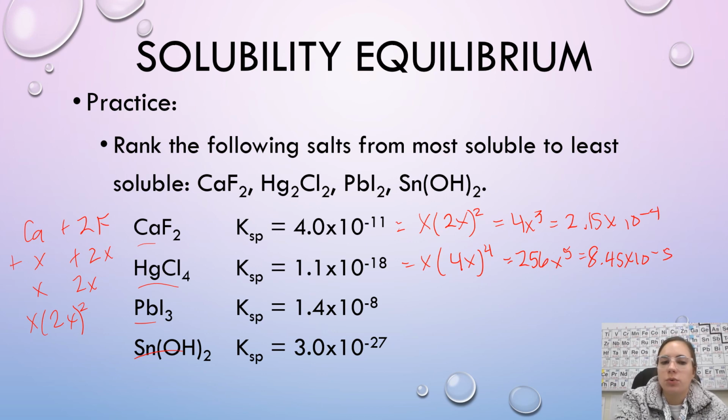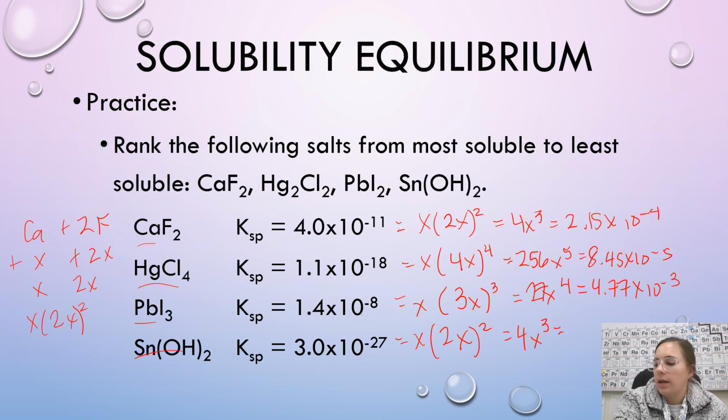This dissolves into 1 lead and 3 iodines, so x times 3x cubed is 27x to the 4th. We solve for x, we get 4.77 times 10 to the negative 3rd. And then this last one dissolves into 1 and then 2, so we get 4x cubed, which gives 9.01 times 10 to the negative 10.